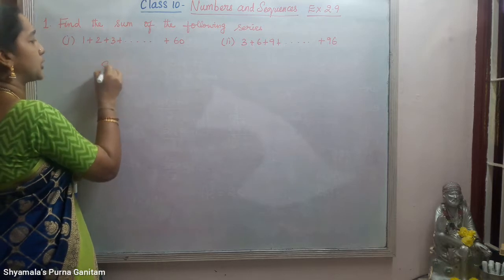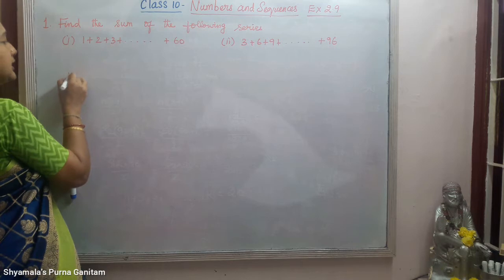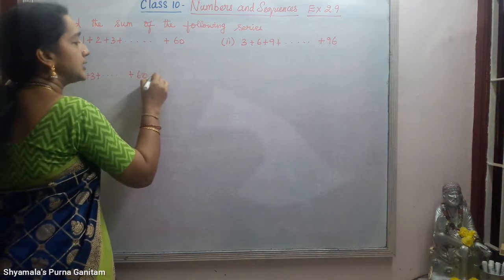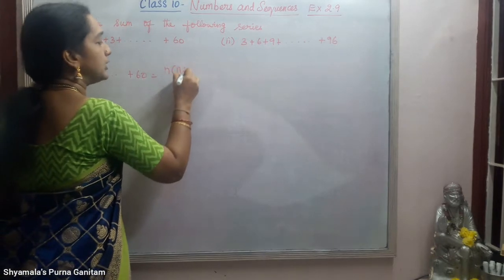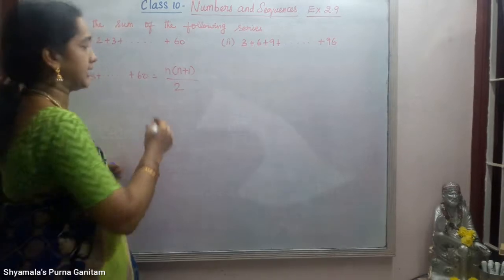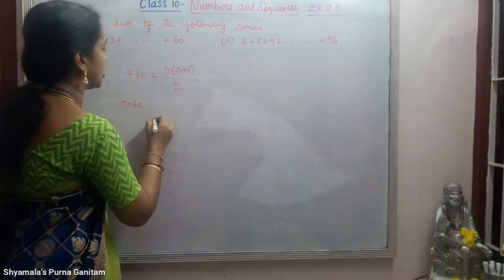So the sum 1 plus 2 plus 3 up to 60 is equal to n into n plus 1 by 2. Here n is equal to 60. So this 60 we will be substituting here.